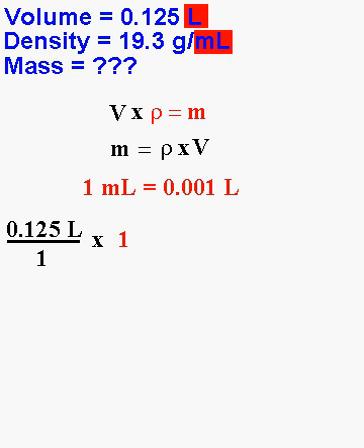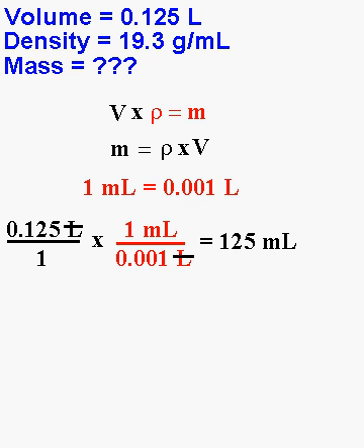But the expression I use for 1 comes from the conversion relationship. I want liters to cancel, so it's going to go on the bottom of the fraction, leaving milliliters on top. So in the end, I've got 0.125 liters over 1 times 1 milliliter over 0.001 liters. The units on liter cancel, so in the end, I've got 125 milliliters.